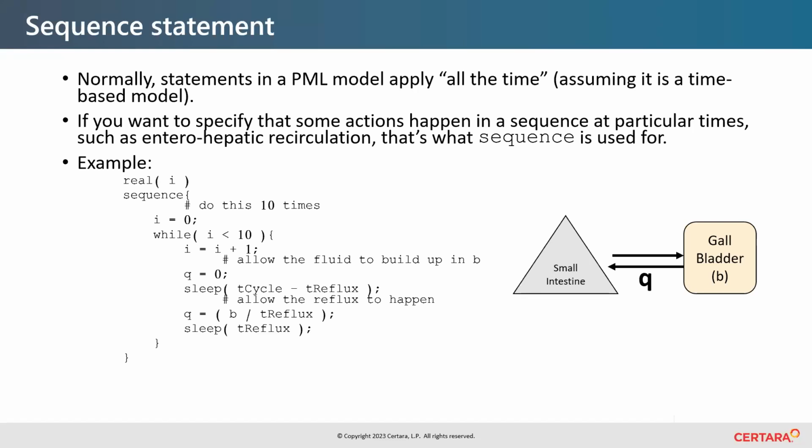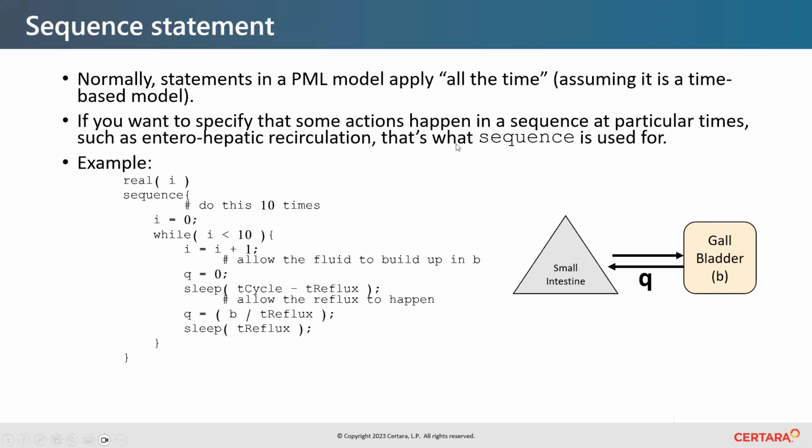But if you have something that happens at discrete points in time, independent of the actual data, then you can have a sequence statement, which means that within the sequence statement, the statements actually happen one after another, and time may be taken up.